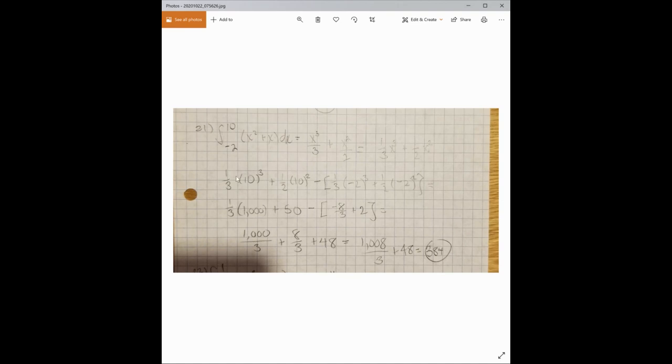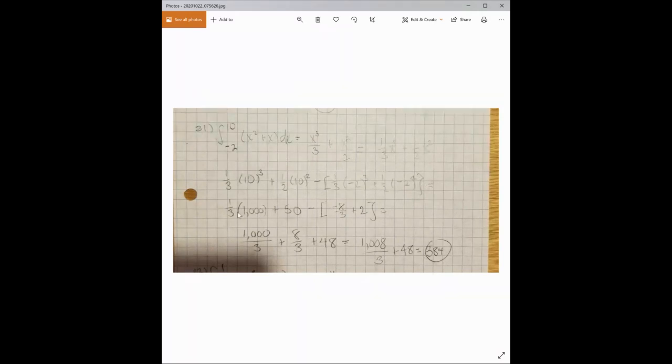So you get 1/3 times 10 cubed plus 1/2 times 10 squared, minus, and I put this in brackets because we need to subtract that entire evaluation: 1/3 times -2 cubed plus 1/2 times -2 squared. Close bracket.